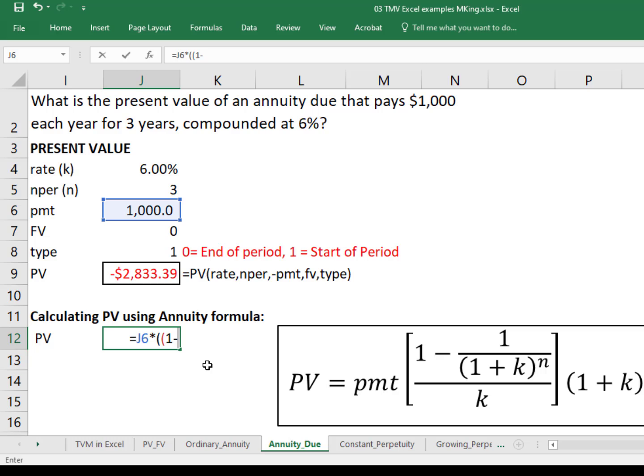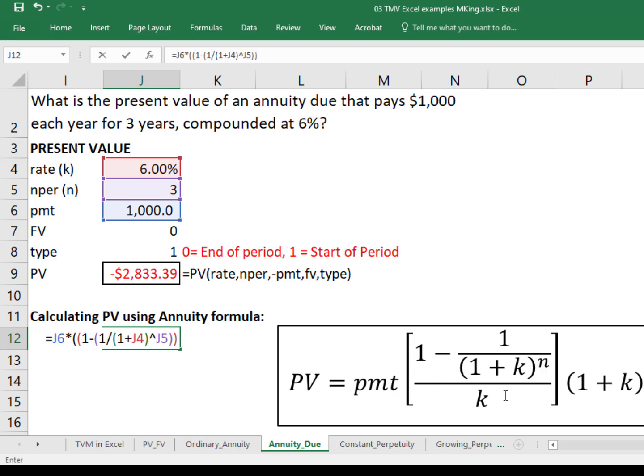So it's going to be another open bracket, 1 divided by, and another 1 plus k, close brackets, raised to the power of n. Now I need to close brackets again so that I have this piece here. And now I have to close brackets again, so I have the 1 minus.